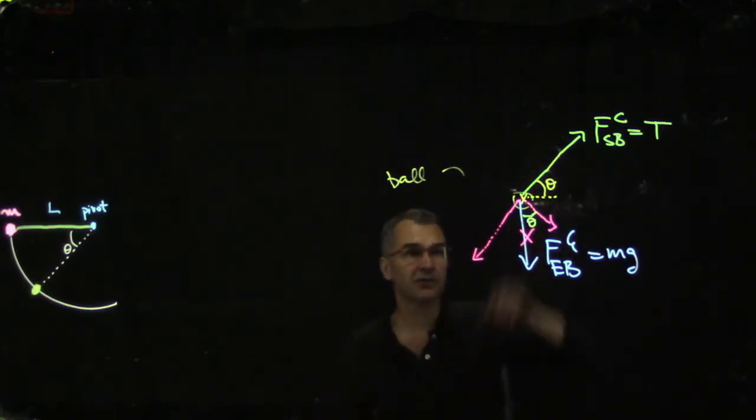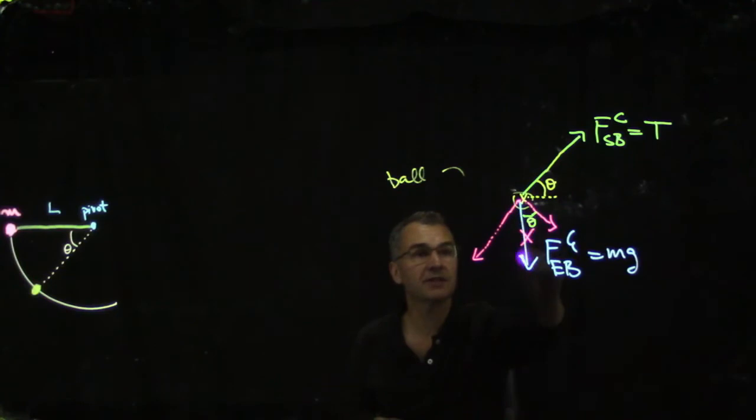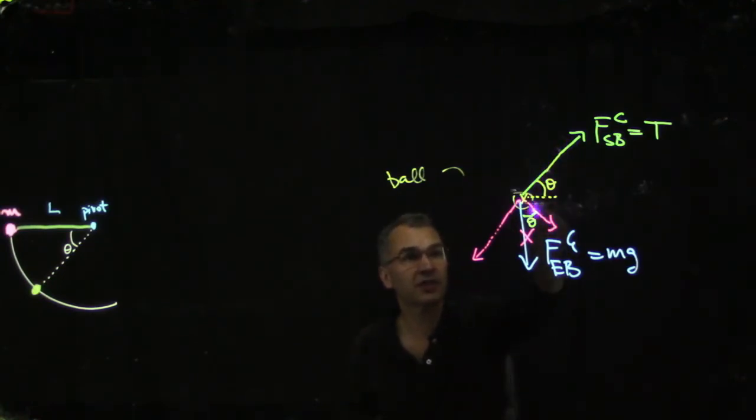So there's the tension. And then gravity is down here, and notice this is the radial direction, or the opposite of the radial direction, and this is 90 degrees away from that, which is the tangential direction. So if this is 90 degrees away from this, then if this angle down here is theta, this angle down here is theta too, because gravity is 90 degrees down from the horizontal.